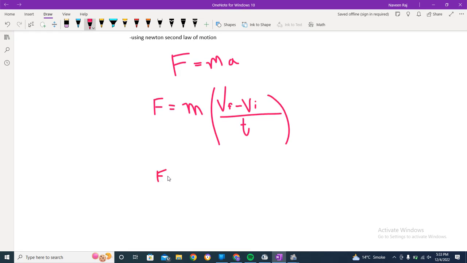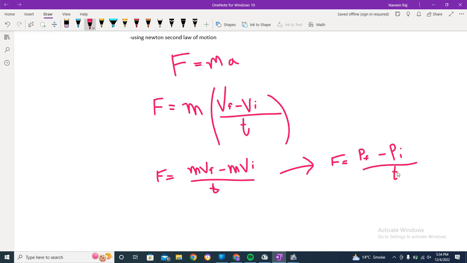F is equal to mvf minus mvi upon t. You have noticed that this is the formula of momentum. So F is equal to pf, the final momentum, because m into v is momentum, minus the initial momentum, upon time.